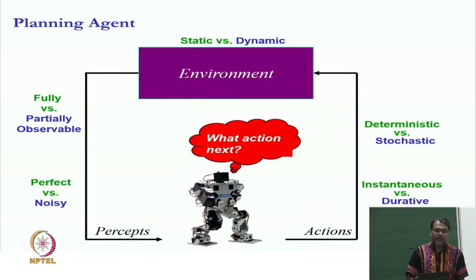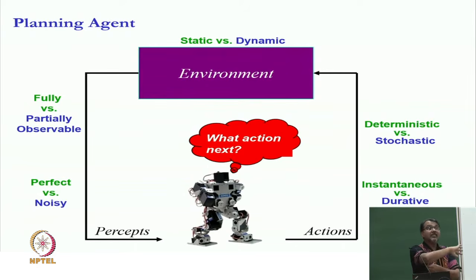So, if you think about building an AI agent, the AI agent has to interact with the environment. It can observe the environment and it can make changes to the environment. Then there are many properties of the environment and the agent that we have discussed, even in the PEAS framework, which make the problem harder or easy. Like, does the environment change by itself, or am I the only one changing it?